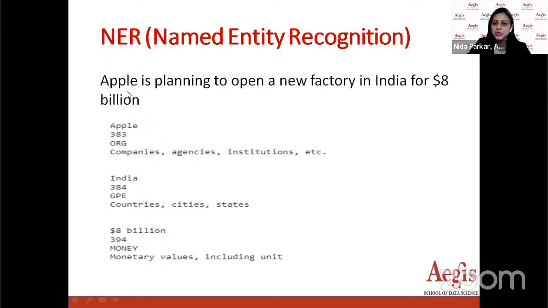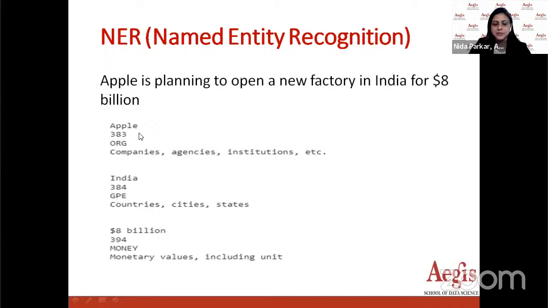Apple is also a fruit, but named entity recognition is trained so well on so many models and words that it is able to recognize Apple as an organization. ORG stands for companies, agencies, institutes. Also, in this sentence, it is able to recognize India as a GPE, which means it is one of the countries. Anything that comes under countries, cities, or states falls under the category of GPE.